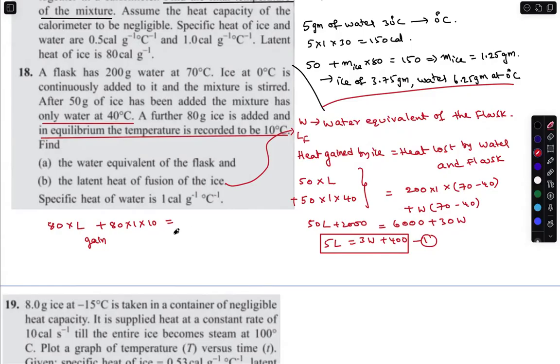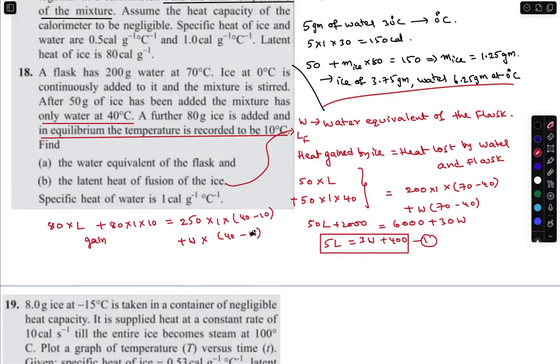Next, on the other side, there are 250 grams of water at 40 degrees centigrade now coming down to 10. 250 into 1 into 40 minus 10. Of course, W into 40 minus 10.